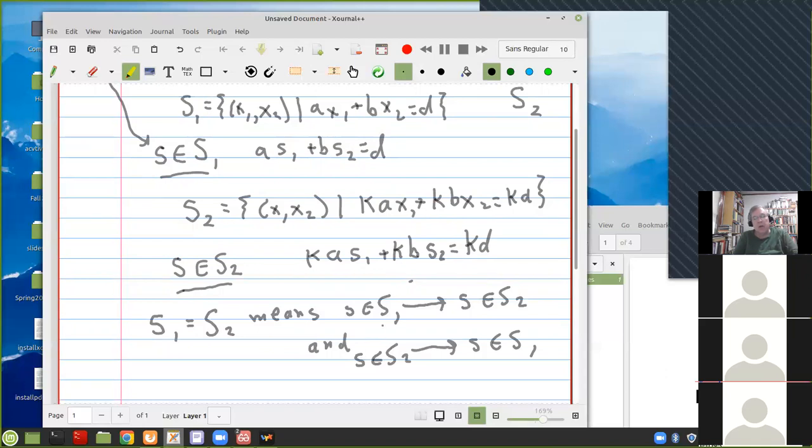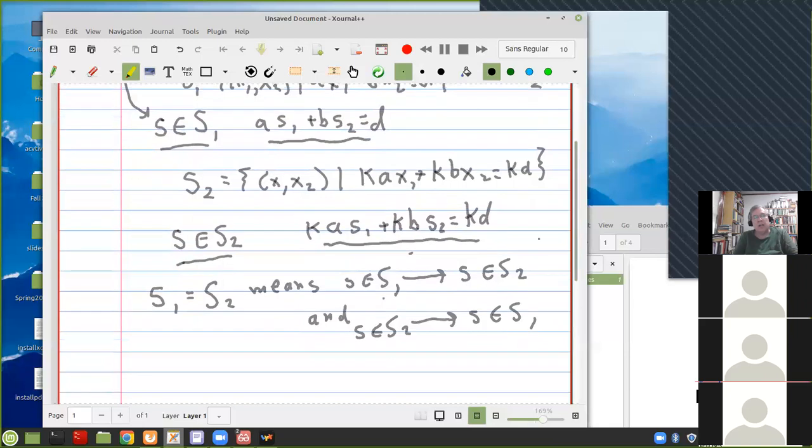Now, all four of these conditionals, all four of these membership terms, are related to this being true and this being true. What's going to turn out is that if this equation here is logically equivalent to this one, then these two sets will be the same, because if s is a member of S1, that means this is true.